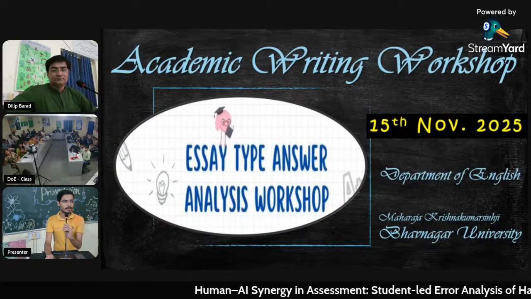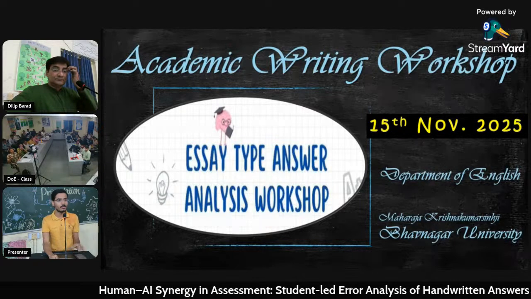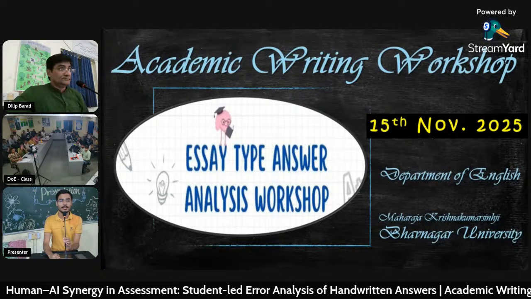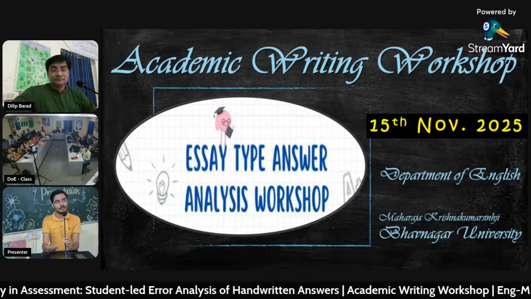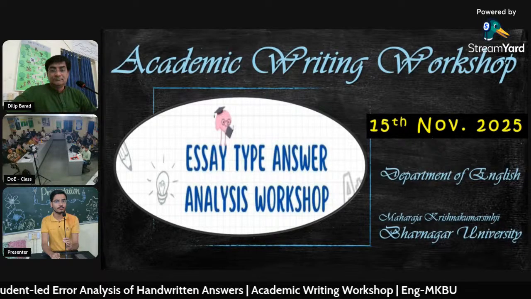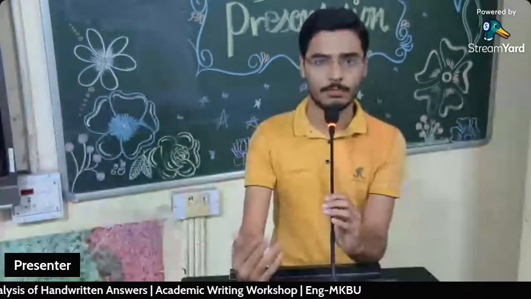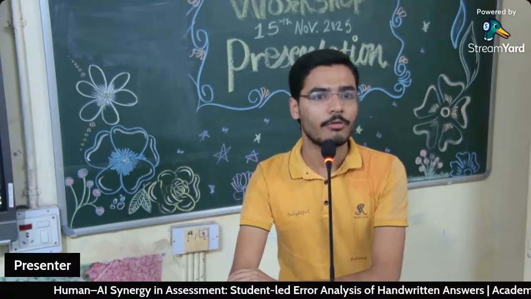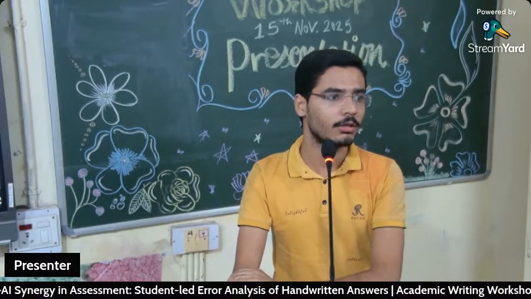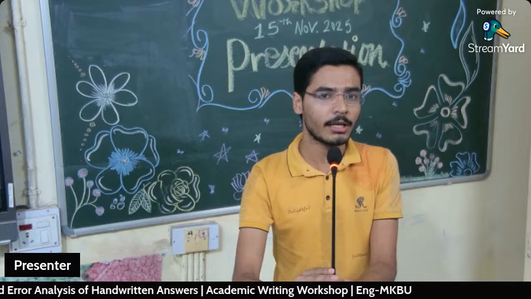Okay, so good afternoon, everyone. Today we have a workshop on academic answer writing. Sir has already given the information about what we did in the previous break. Sir has divided our class into 6 groups to analyze our mistakes as well as good points in our previous term exam or preliminary examination.